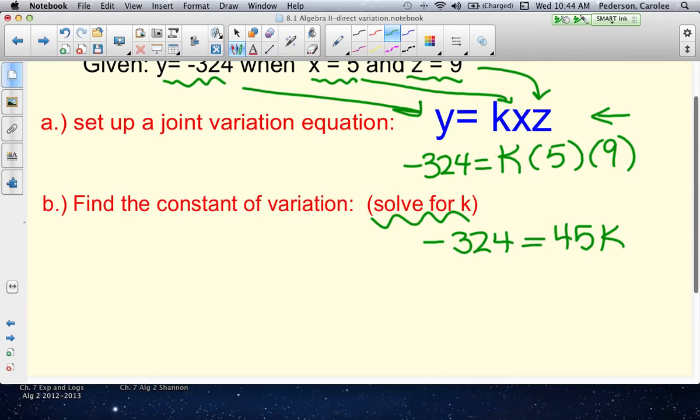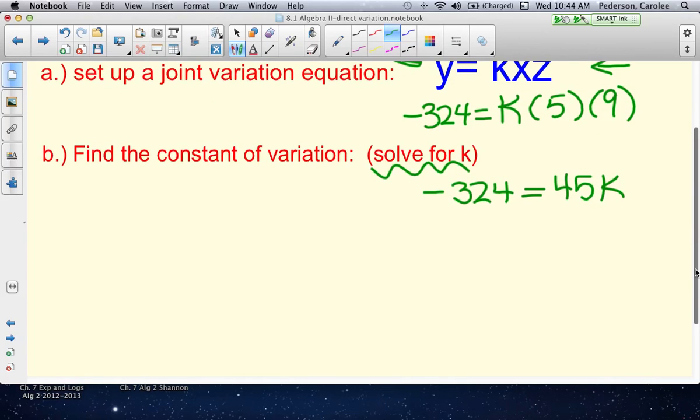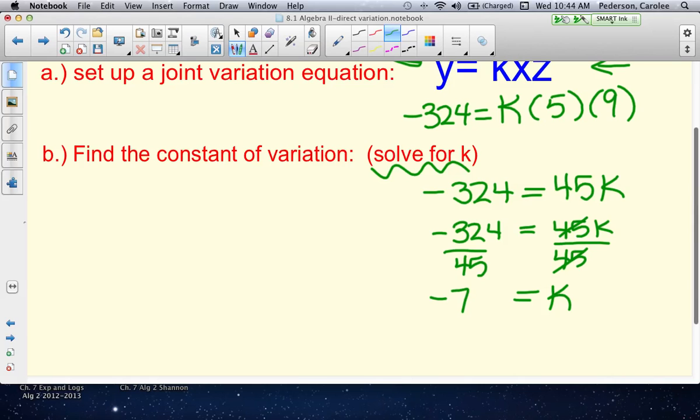And then the next thing I would do is divide both sides by 45. The 45s will cancel. Negative 324 divided by 45 is negative 7.2. That is the value for the constant of variation k.